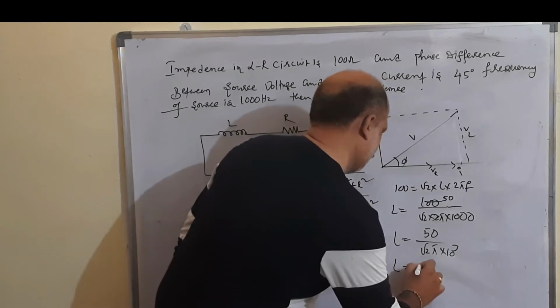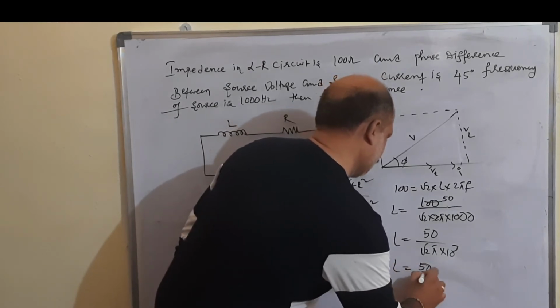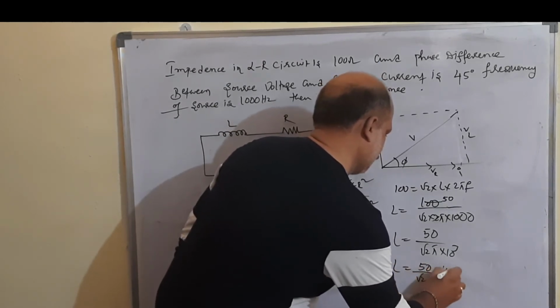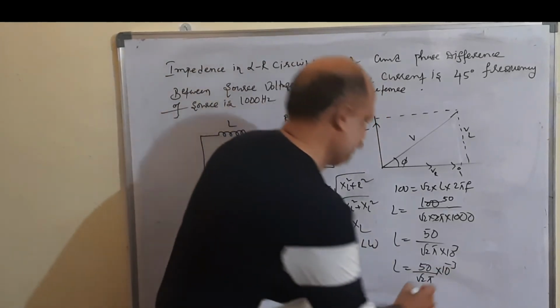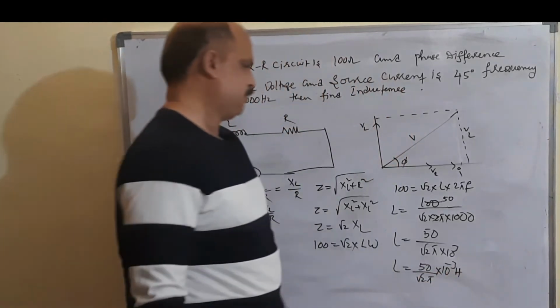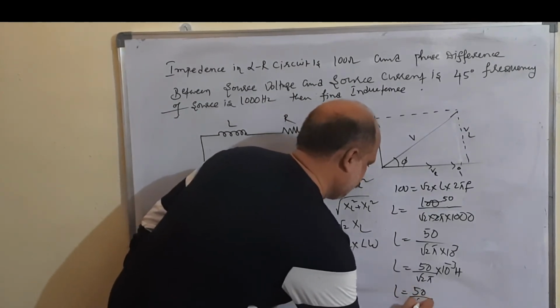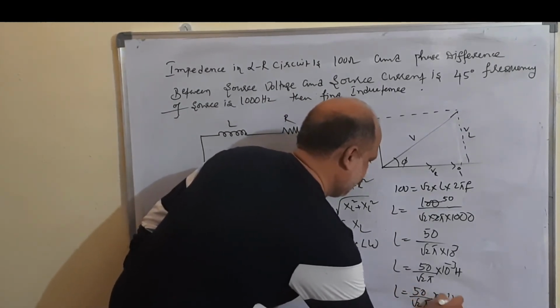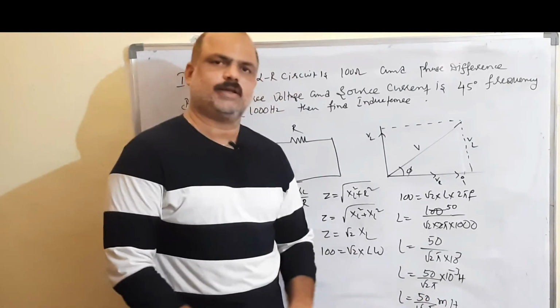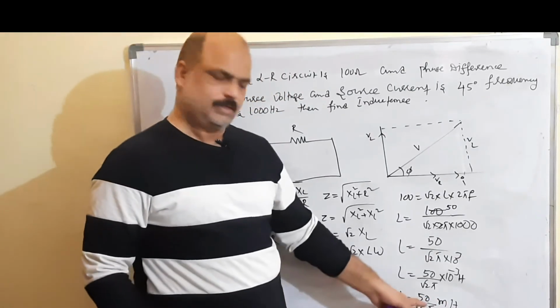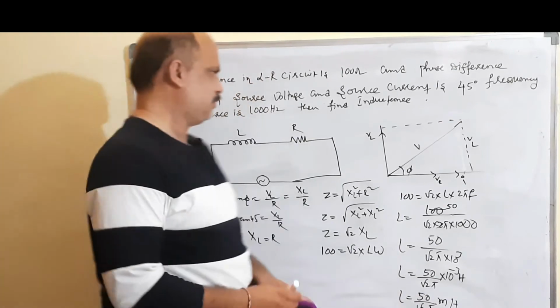So L is equal to 50 by root 2 pi into 10 to the power of minus 3 Henry. So L is equal to 50 by root 2 pi milli Henry. Now rearrange this answer.